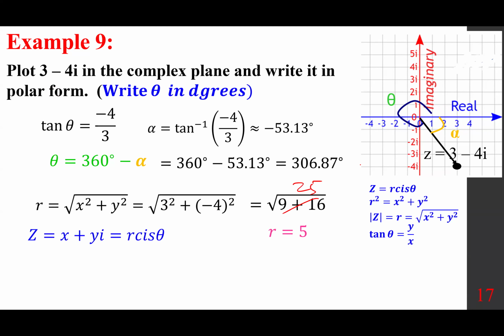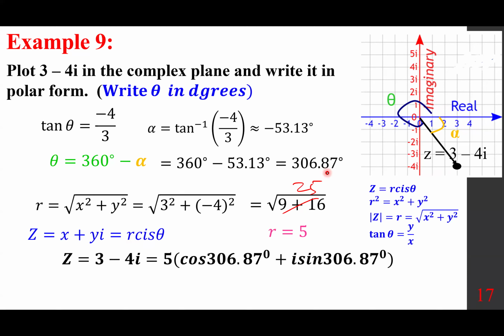So z equals r cis theta, x plus yi, that means 3 minus 4i equals 5 cis this number, 306.87 degrees. Again, I like to go with the shorthand notation. Either way is fine. Please understand they both mean the same thing. So z equals 3 minus 4i equals 5 cis 306.87 degrees.